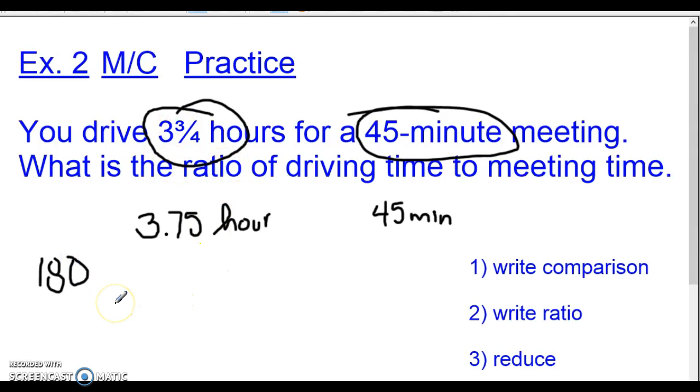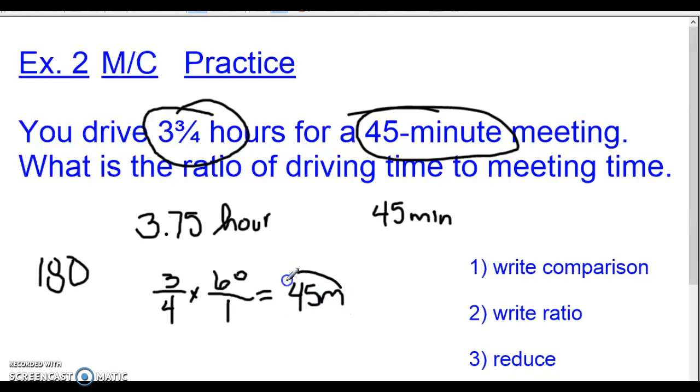I can figure that out one of two ways. You can do 3/4 times 60, because that's how many minutes there are in an hour, over 1. When I multiply across, I could cross simplify this, or multiply across and divide, and I'd get 45 minutes.